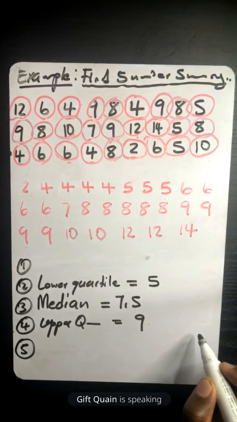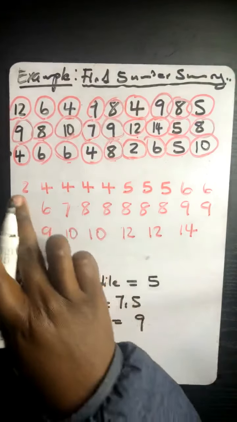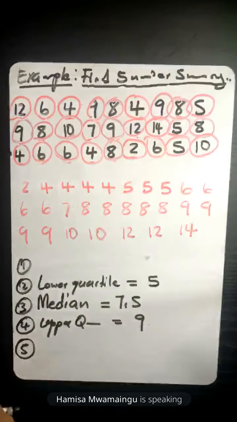What did you do? I added 7 and 8, which are the two. So the middle term is between 7 and 8, so I had to add 7 and 8 and then divide by 2. Okay, wait. How many numbers are there in total? 27 numbers.